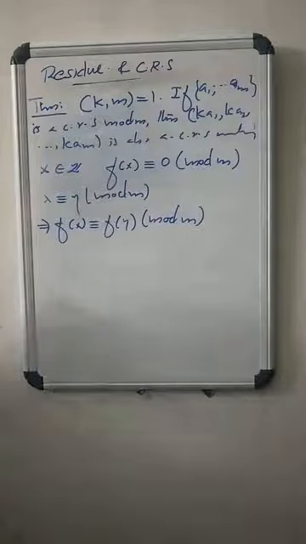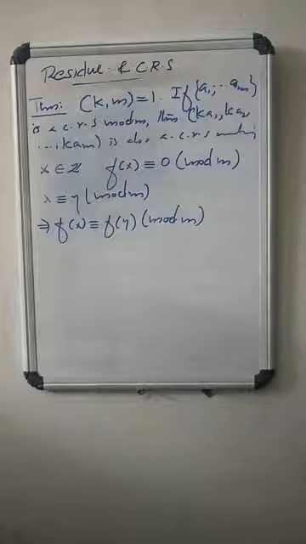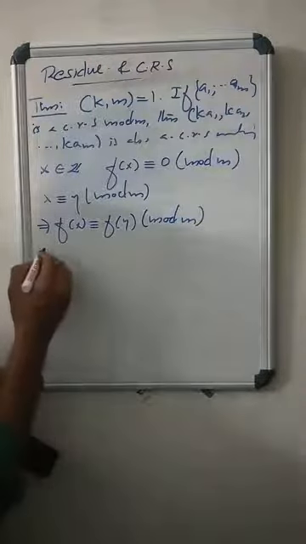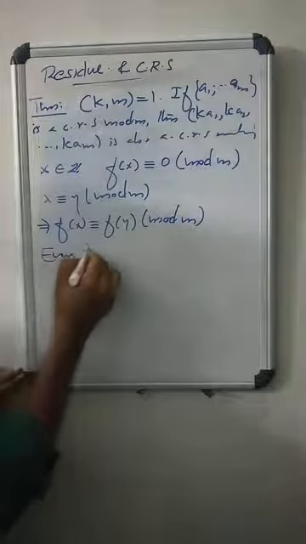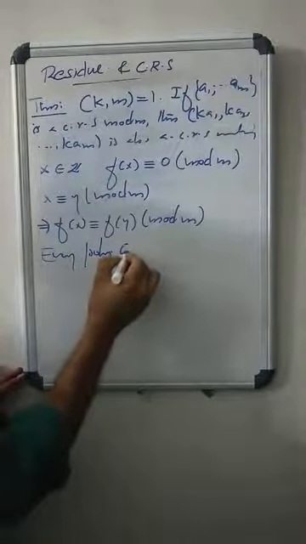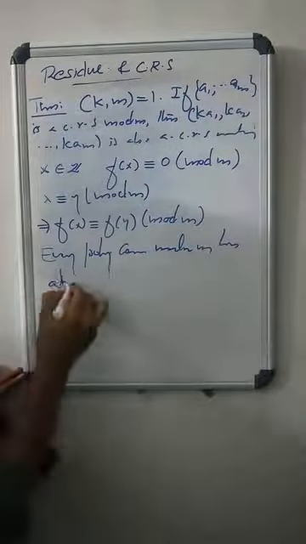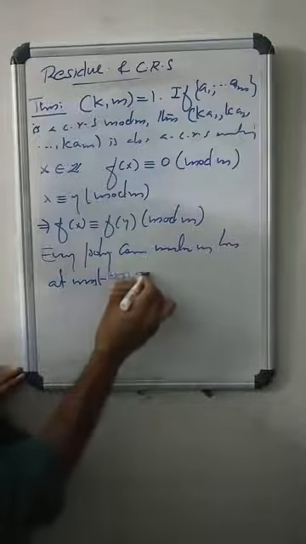Hence, solutions belonging to the same residue class will not be counted as distinct. And when we speak of the number of solutions of a congruence, we mean the number of incongruent solutions. Therefore, every polynomial congruence modulo m has at most m solutions.